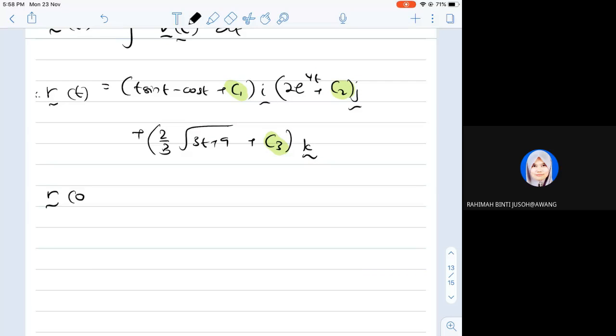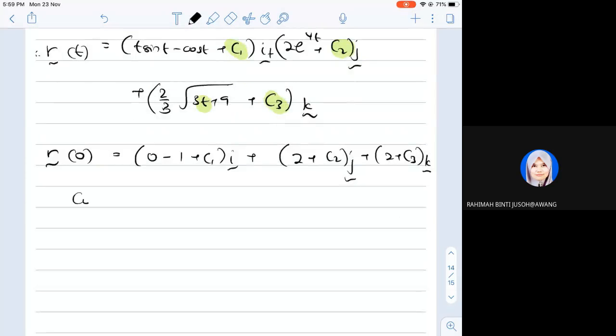So r(0) equals 0 minus 1 plus C1 i, plus 2 exponent 0, so 2, plus C2 j, and then square root of 9 is 3, and 3 times 2 over 3 is 2, plus 2 plus C3 k.